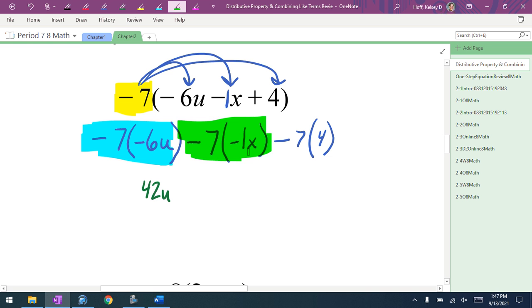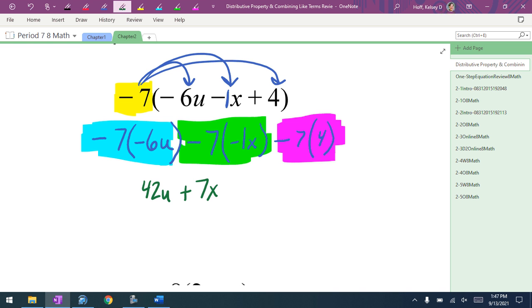A -7 times a -1x. Grady? Positive or negative? He says positive 7x. Agree or disagree? Nicely done. A negative times a negative is a positive. And the very last one, a -7 times 4.